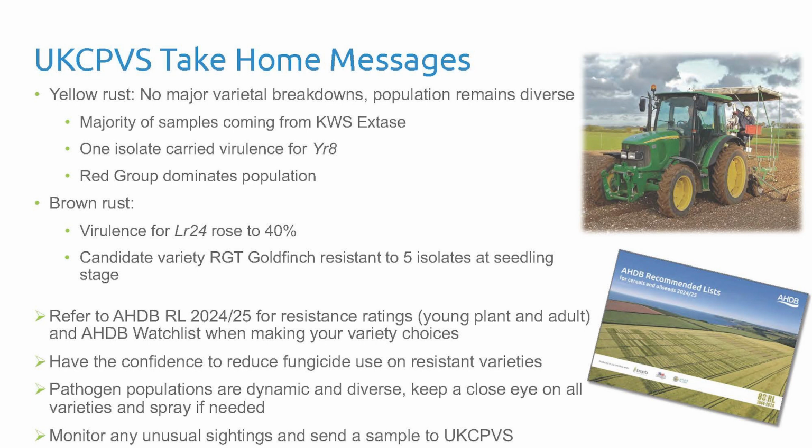And as Amelia has explained, the red group dominates the population. For brown rust, virulence for LR24 rose to 40%, and as she mentioned, that candidate variety RGT Goldfinch is resistant to the 5 isolates that we tested at the seedling stage.